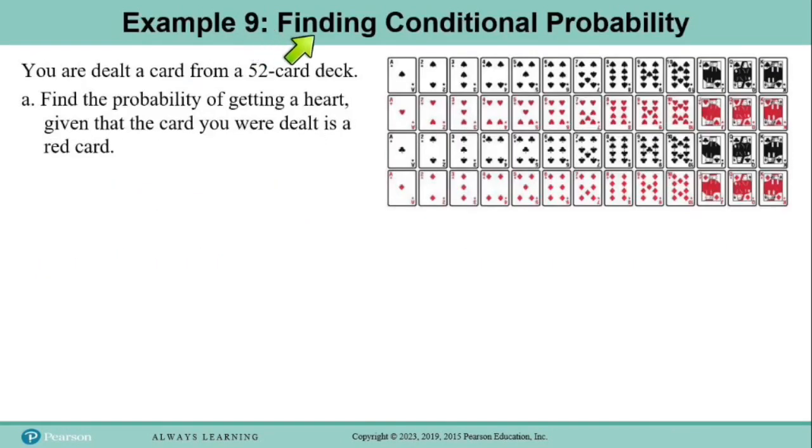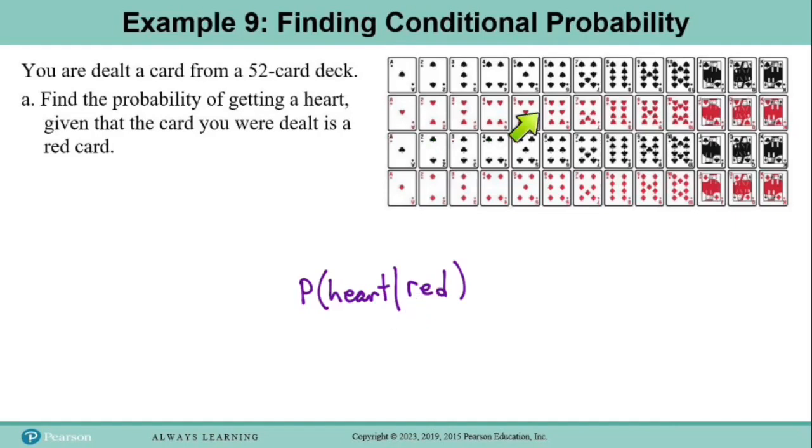Okay, example 9, back to the deck of cards. Find the probability of getting a heart given that the card you were dealt is a red card. So to write this in our conditional probability notation, we could write the probability of getting a heart given that the card is known to be red.